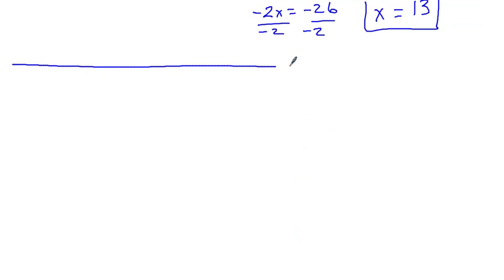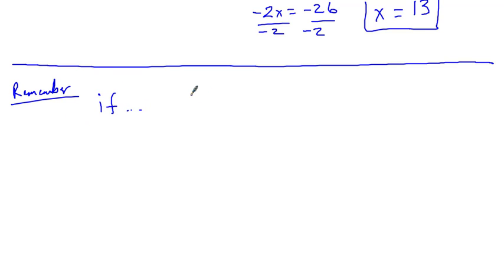So one more quick little refresher. This is something we've already done, so just remember. If a squared plus b squared equals c squared, that is a right triangle.